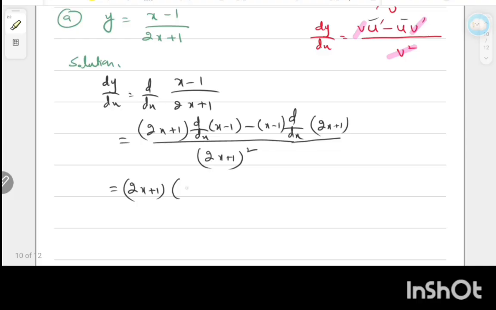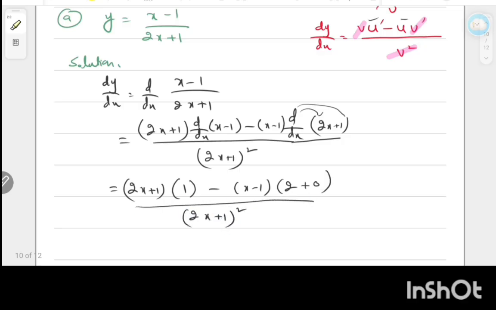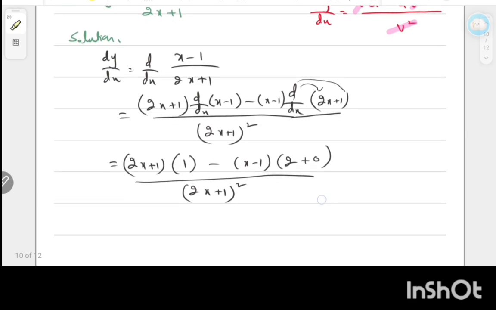What's the derivative of x? The derivative of x is 1 and the derivative of 1 is 0, so we write only 1. For 2x plus 1, the derivative of 2x is 2 and the derivative of 1 is 0. We have (2x plus 1) whole square. Now we move forward to x plus 1.